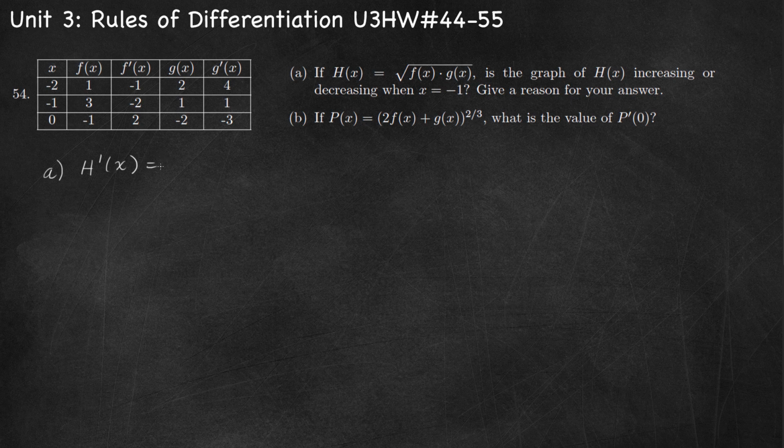So the derivative of the outside function, square root of stuff, is 1 over 2 times the square root of the stuff, f of x times g of x, times the derivative of the stuff. So the derivative of f times g requires the product rule. That's f prime g plus f g prime.